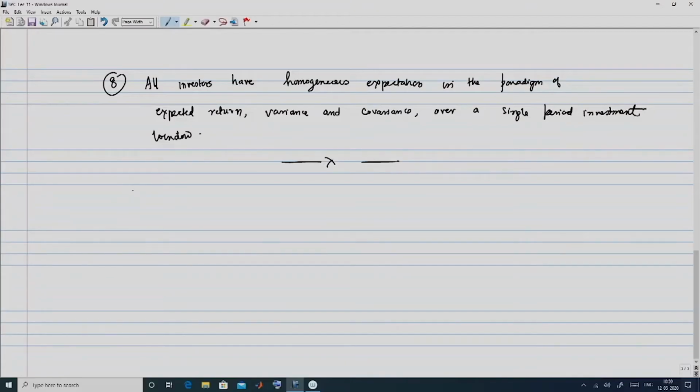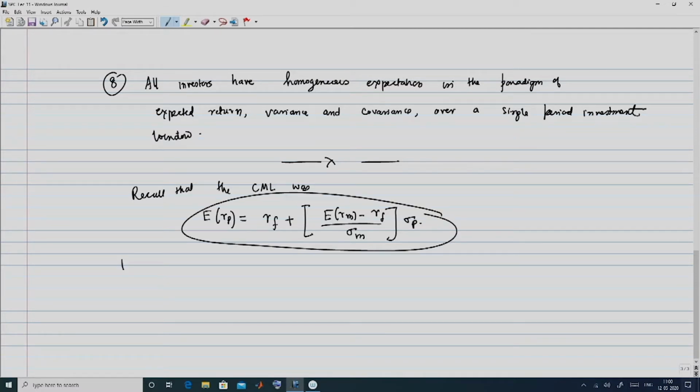Recall that the CML, or the capital market line, was given by the expectation of the return of portfolio equal to the risk free rate plus E(RM), the expected return on the market portfolio, divided by the standard deviation of the market portfolio, times sigma p.